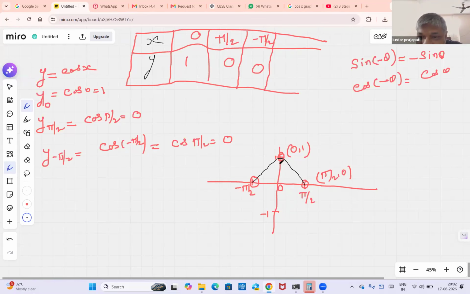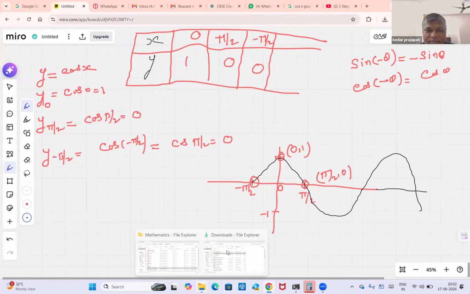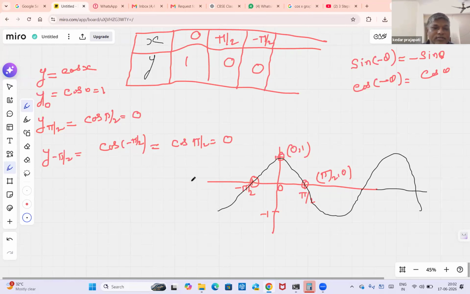The next cycle has to happen, so again it will go from here to here, go up and come down. The same way it will repeat.